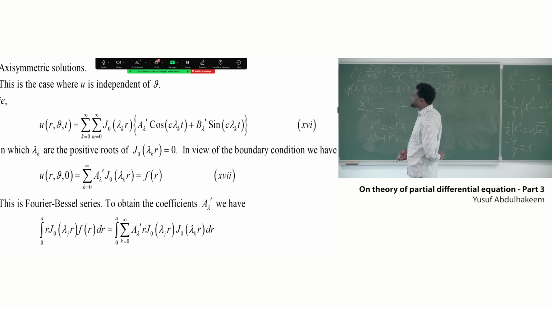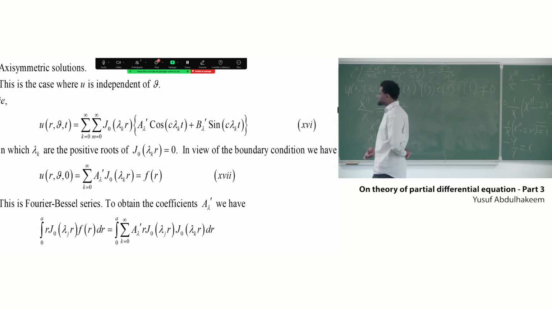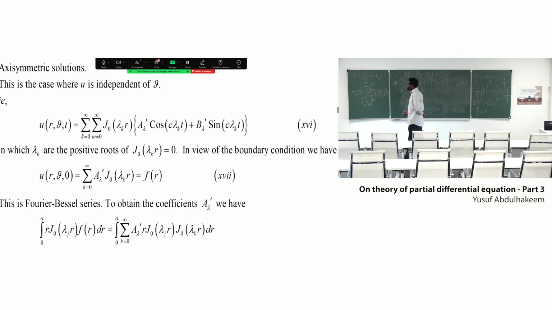Then the axisymmetric solution, this is the case where u is independent of theta. That is, supposing this u here, which is the unknown function, is independent of theta, then we have this solution in which lambda k here are the positive roots of the Bessel function which is equal to 0.